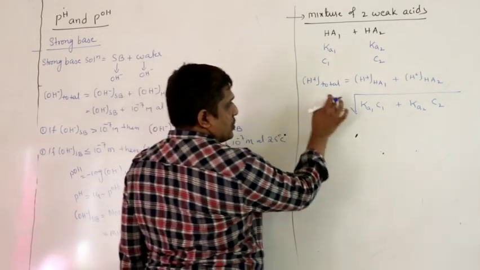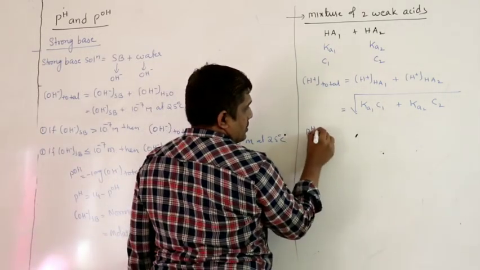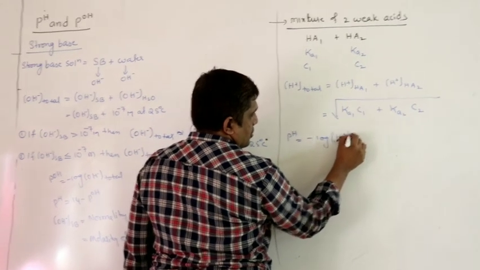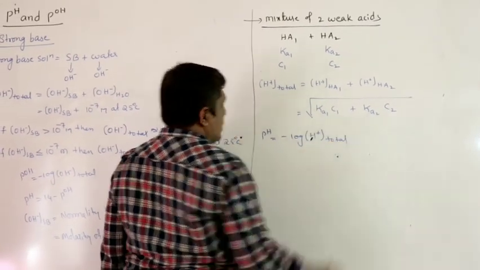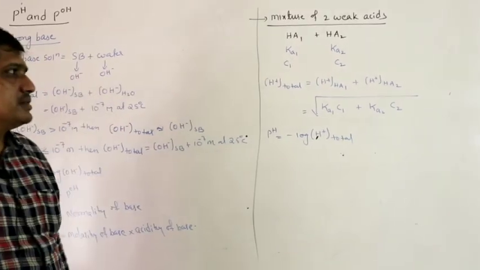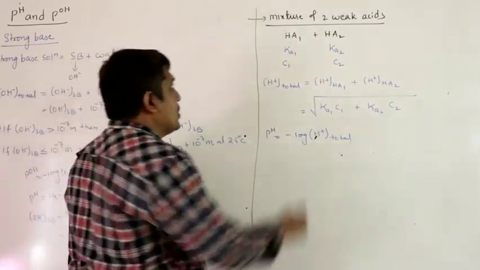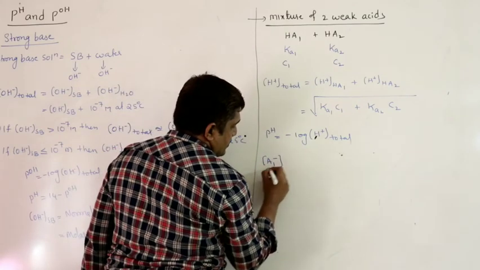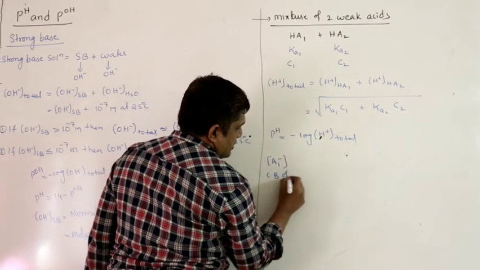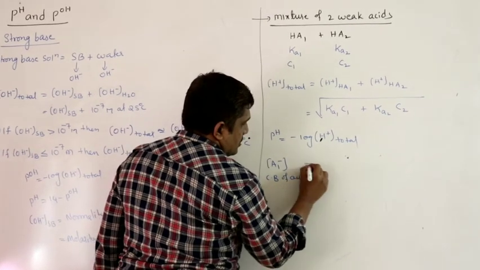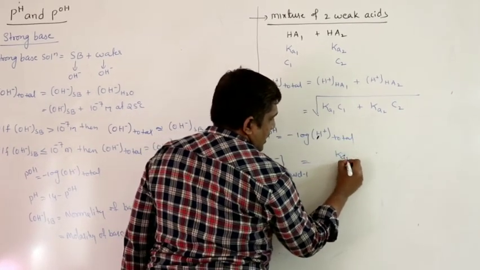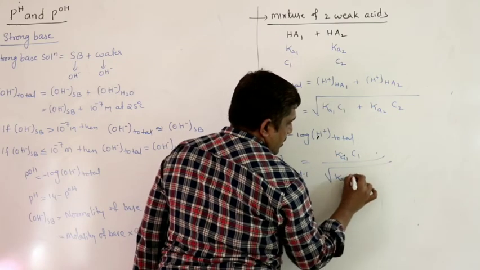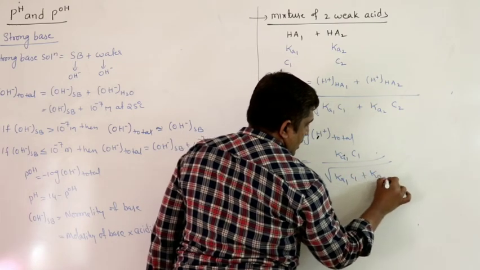Once you find H plus total by this equation, then apply pH definition. So pH equal to minus log of total H plus ion concentration. If you want to find the concentration of conjugate base A1 minus, this is conjugate base of acid 1, then this is the equation: Ka1 C1 by root over Ka1 C1 plus Ka2 C2.